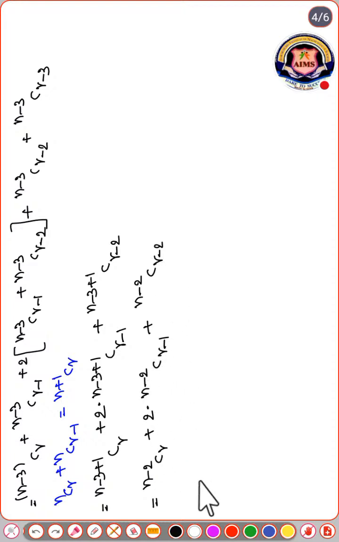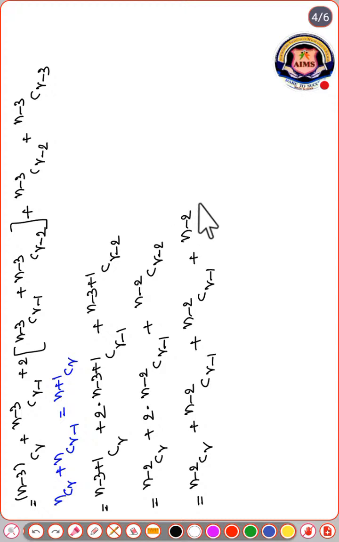So 2a can be written as a plus a. n minus 2 C r will be the same, plus this part can be written as n minus 2 C r minus 1 plus, again the same, n minus 2 C r minus 1 plus the last value n minus 2 C r minus 2. Just from this step to this step, I have separated this as a plus a, like that.